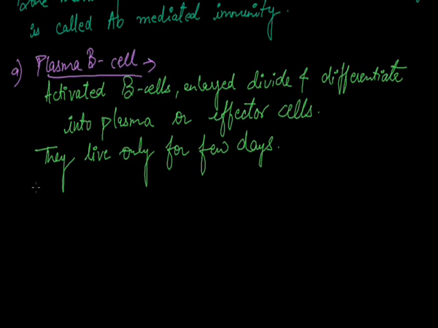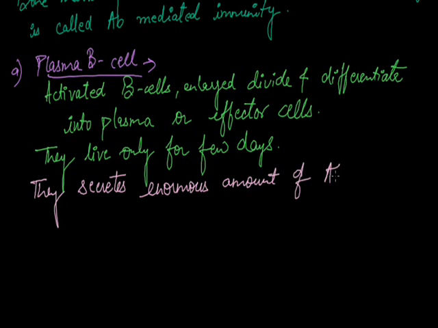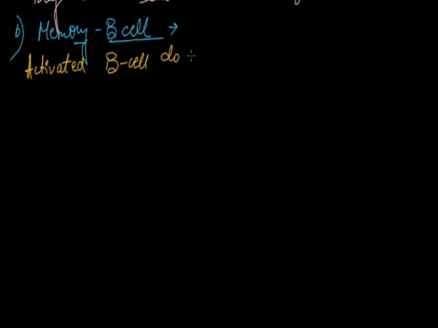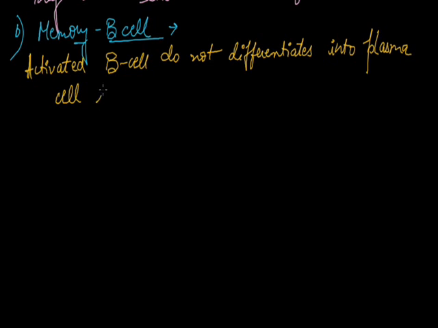Very important point, they secrete an enormous amount of antibodies. Next cell is the memory B cell. When activated, these B cells do not differentiate into plasma cells but remain as memory.